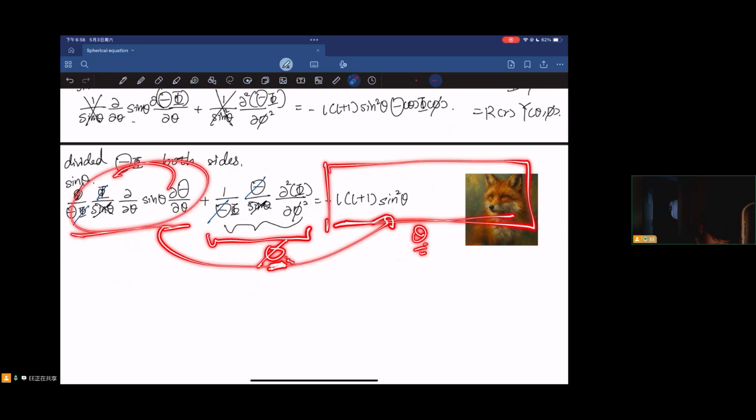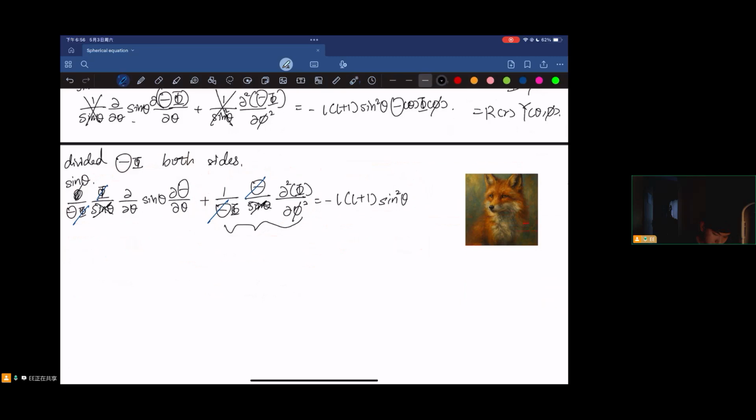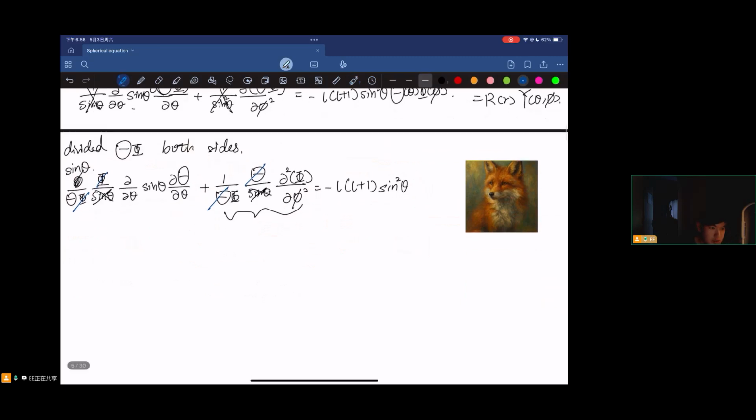Okay. So they must each equal a constant. So let me name one constant m square. Yes, m square. So I say this part plus this part equals m square.